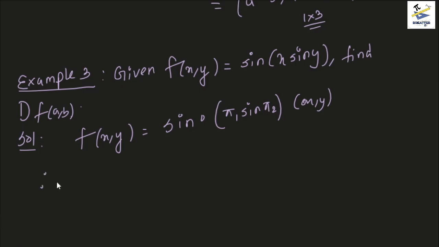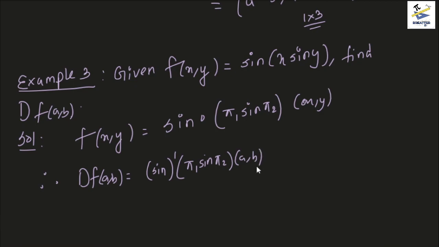Therefore the derivative df at a comma b is basically sine's derivative at the point pi 1 sine pi 2 at the point a comma b, and multiplied by pi 1 sine pi 2 derivative at the point a comma b, right?